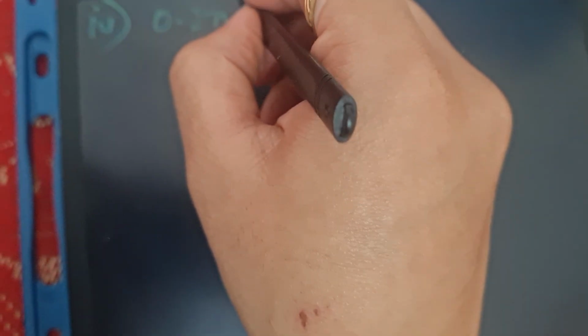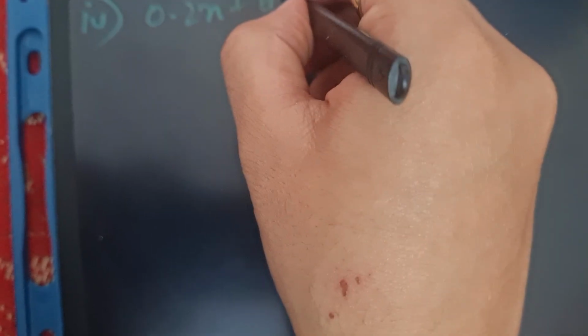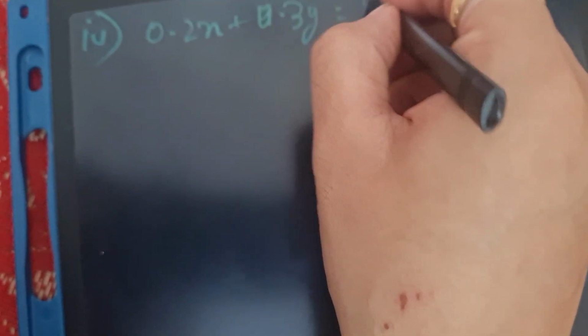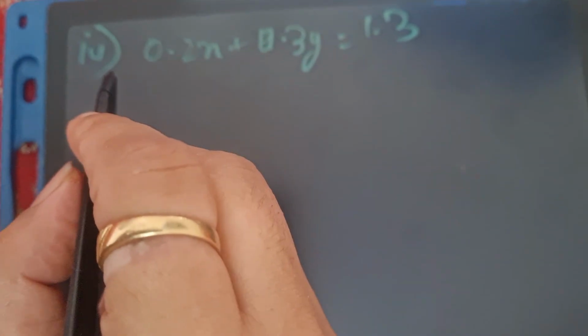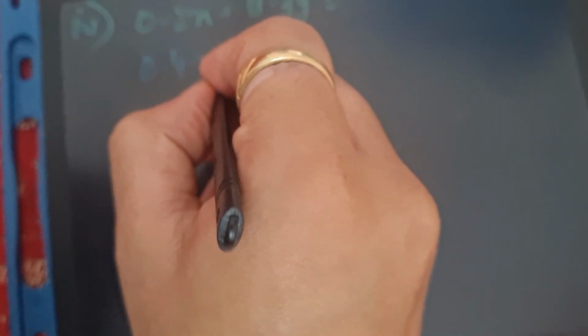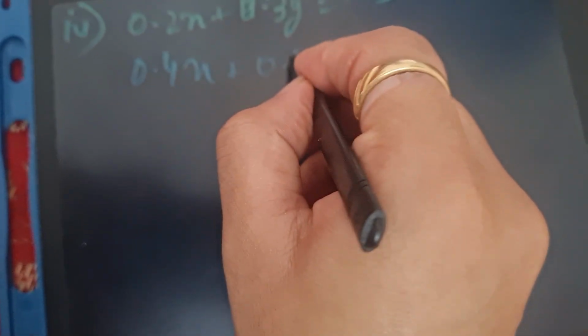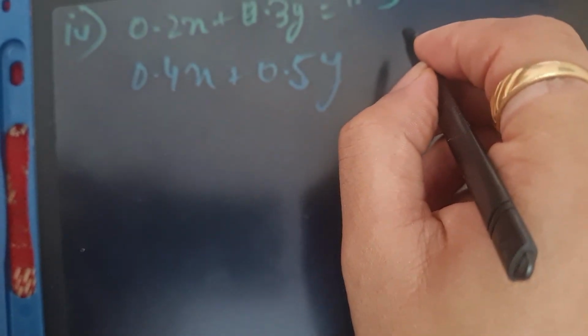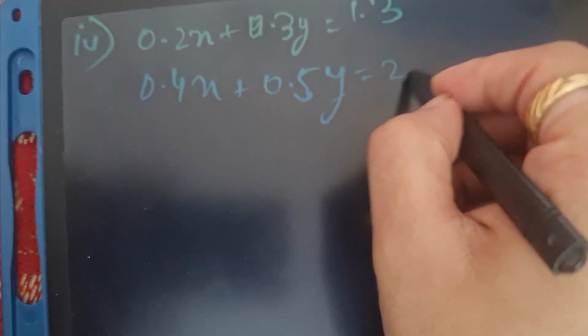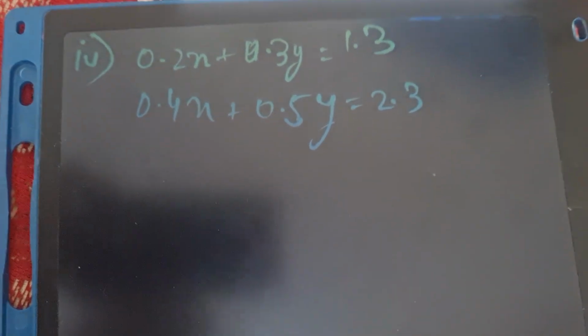Now in the fourth part, 0.2x plus 0.3y is equal to 1.3, and 0.4x plus 0.5y is equal to 2.3.